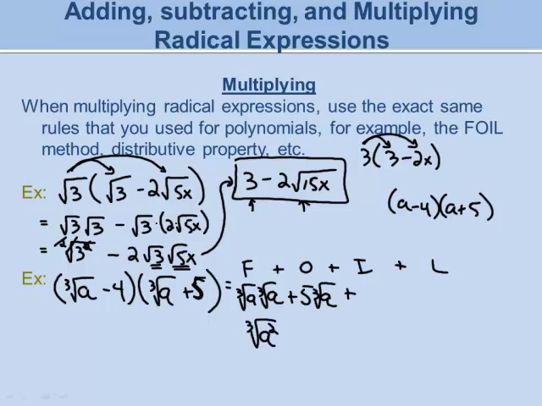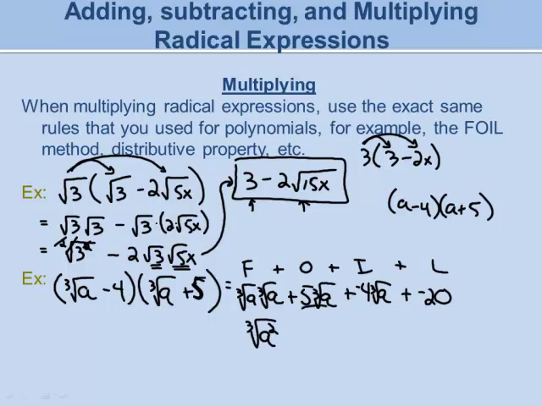Our inner product will be minus 4 times the cube root of a, or that's the same, of course, as just subtracting 4 times the cubed root of a. And the last two, minus 4 times a positive 5, gives us a plus negative 20, or just minus 20.